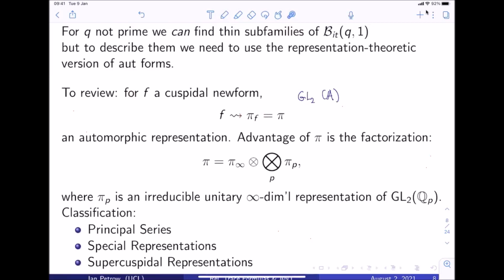Unlike the classical modular forms, the main advantage of going to the representations is that you can't just take a function on the upper half plane and factor it over places and use multiplicativity. But if we have this representation, it really does factor over all the places, all the primes, and also a component at infinity of the rational numbers.